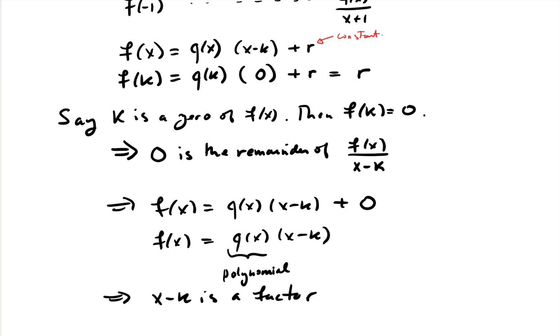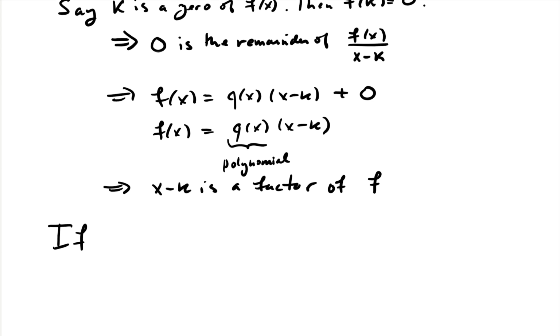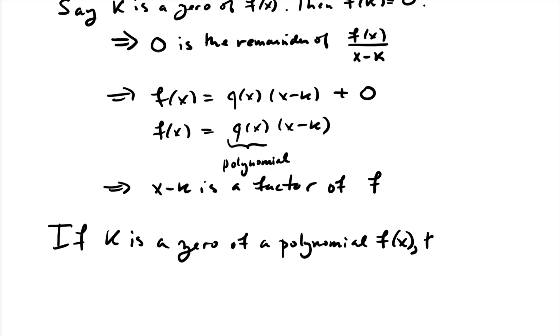This is the important thing to realize. So if you've got a zero, like if k is a zero, automatically you have access to a factor of the polynomial f. So we're going to frame that because that's pretty important. So if k is a zero of a polynomial f of x, then x minus k automatically is a factor.